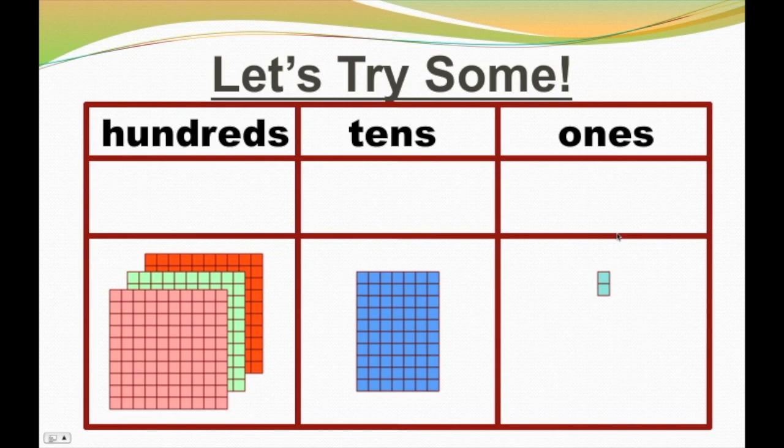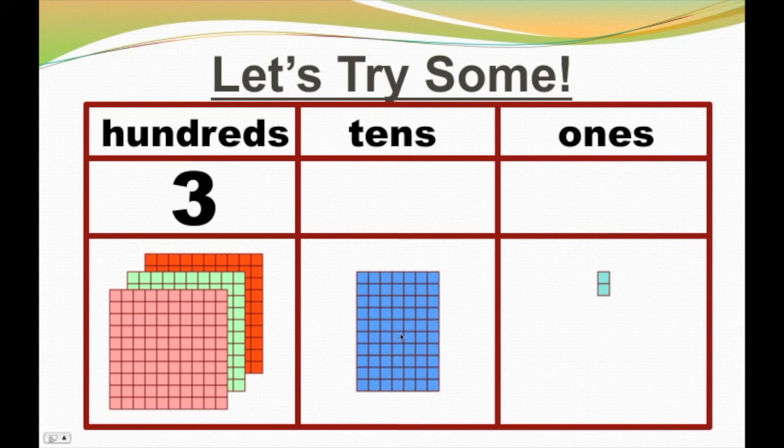How about here? Well, let's start with the hundreds. I've got 1, 2, 3 groups of 100. Therefore, I'll put a 3 in the hundreds place. How about my tens place? Well, how many groups of 10 do I have? Let's count them out. 1, 2, 3, 4, 5, 6, 7.